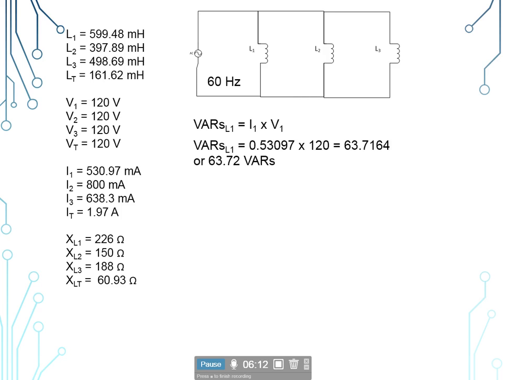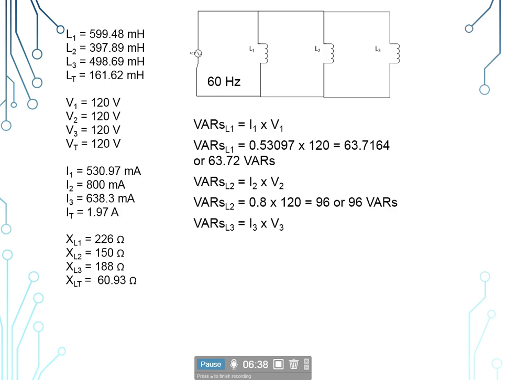Notice again we take it back to standard decimal notation for our calculations, giving us 63.72 VARs. VARs sub L2 is equal to I sub 2 times V sub 2. So VARs sub L2 is equal to 0.8 times 120 volts equals 96 VARs.